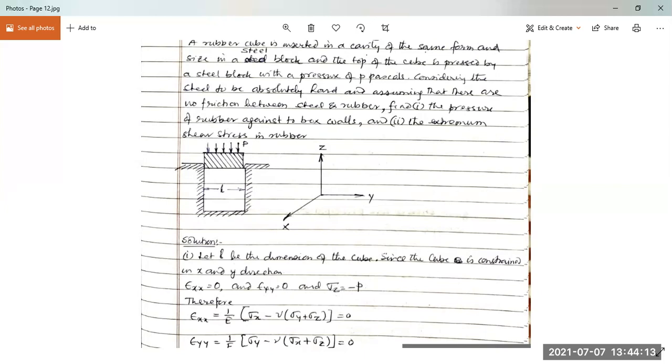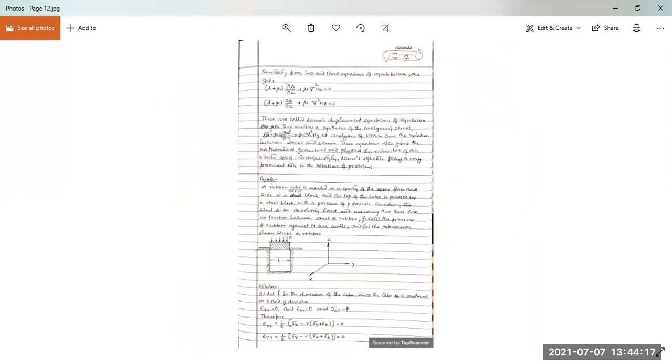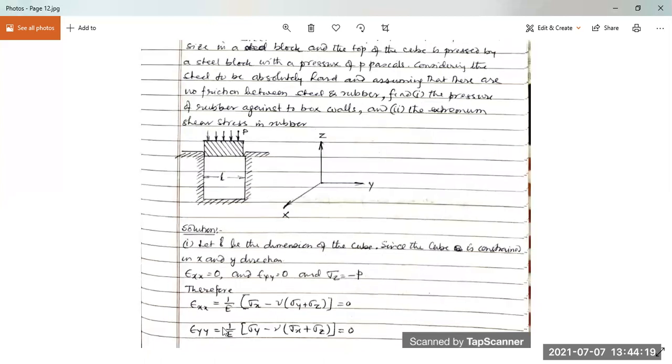Now, therefore, what will happen? Epsilon xx we have from the equation: 1 by E, sigma x minus gamma, the Poisson's ratio, multiplied by sigma y plus sigma z. Similarly, epsilon yy equals 1 by E, sigma y minus gamma into sigma x plus sigma z, which is equal to 0.